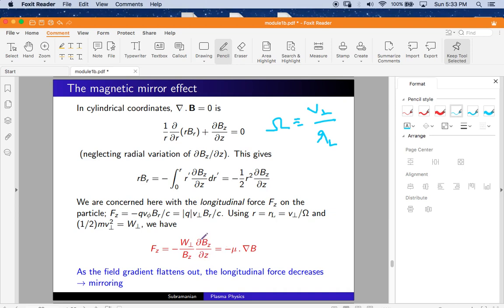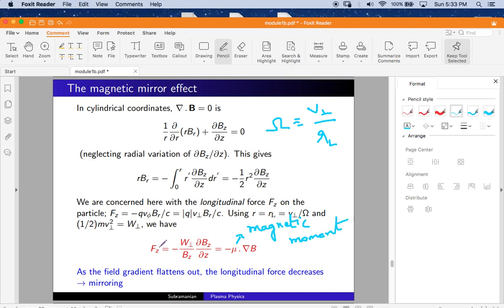Where this you can simply write as the gradient of B, and this you write as mu, the magnetic moment. This is what's called the magnetic moment, and this is a very important result.